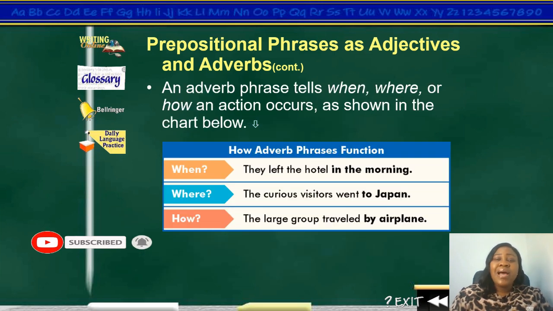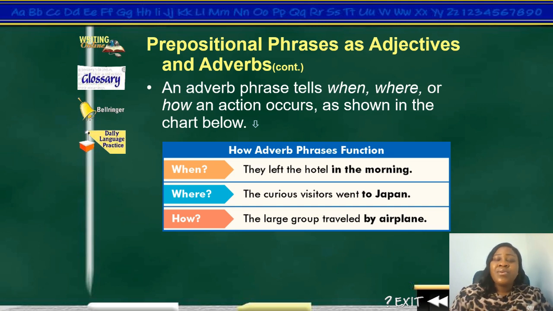An adverb phrase tells when, where, or how an action occurs, as shown below. They left the hotel in the room. In the room is the adverb phrase and it modifies the verb left.